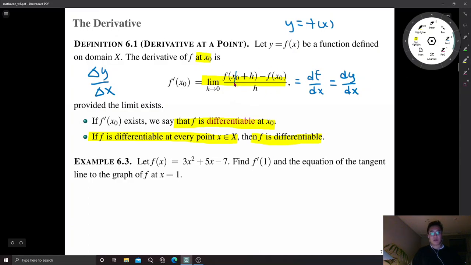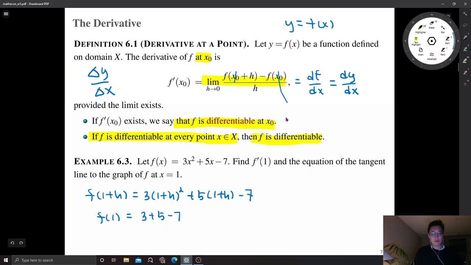Putting in 1 for x naught, f of 1 plus h is 3 times (1 plus h) squared, plus 5 times (1 plus h), minus 7, and f of 1 is 3 plus 5 minus 7, which is 1. So the numerator amounts to the difference between these two.